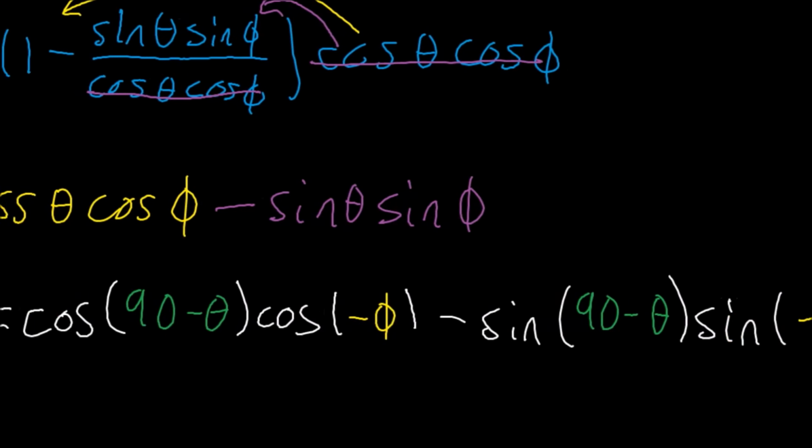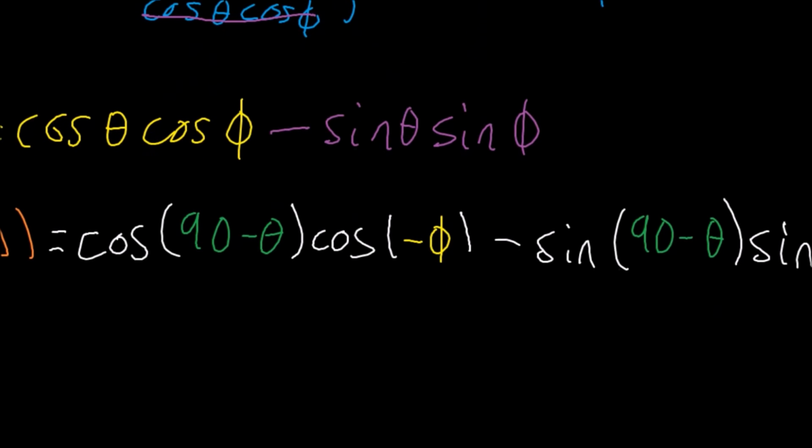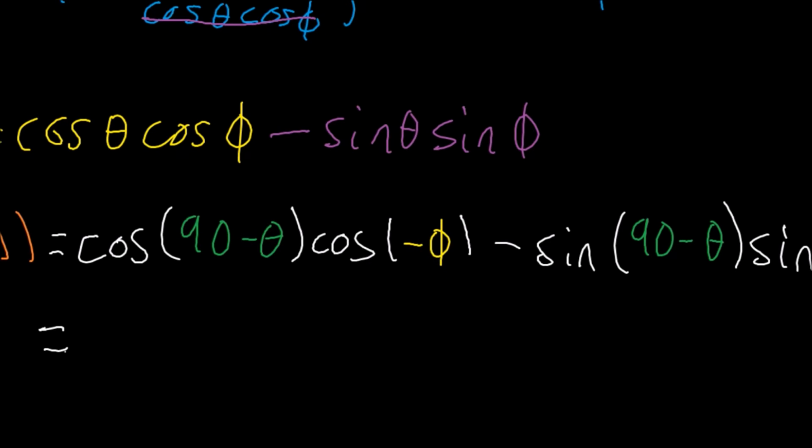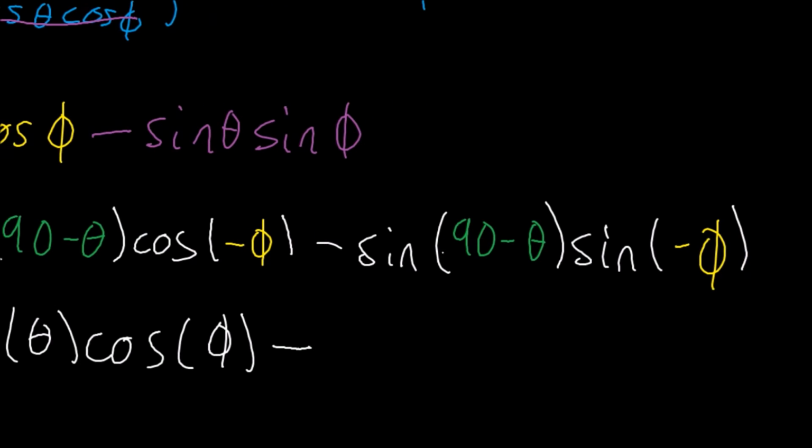So how are we going to deal with those? The first terms over here, we can already deal with this left side: the cosine of 90 minus theta is simply sine of theta. Cosine of minus phi, well, we already discussed, that's just positive phi. Now, sine of 90 minus theta, well, that's the cosine of theta.